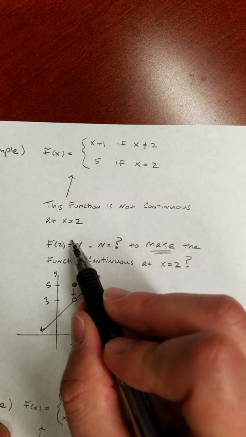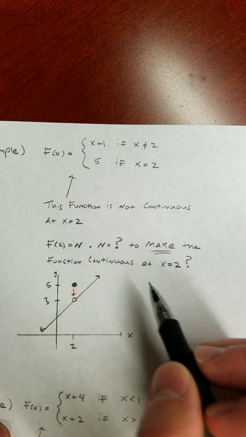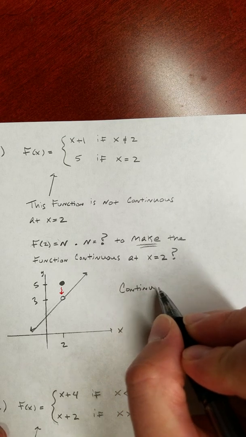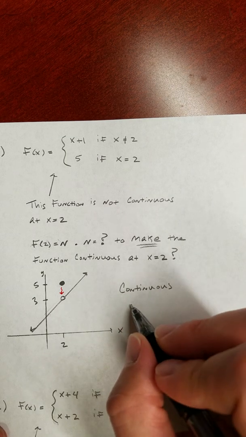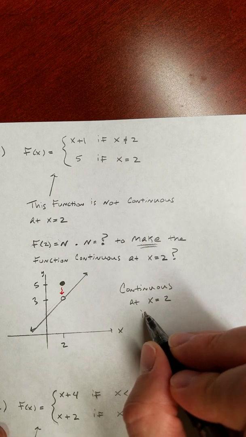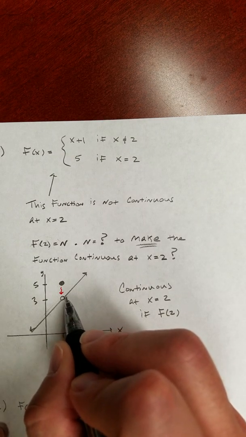So what should y be when you plug 2 in to make it continuous? Well, all right, I'm going to look at that graph. It will be continuous at x is equal to 2 if f of 2 was 3.